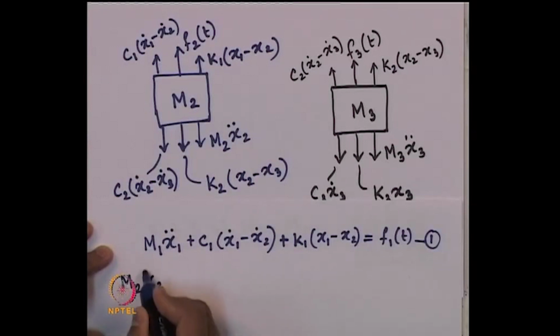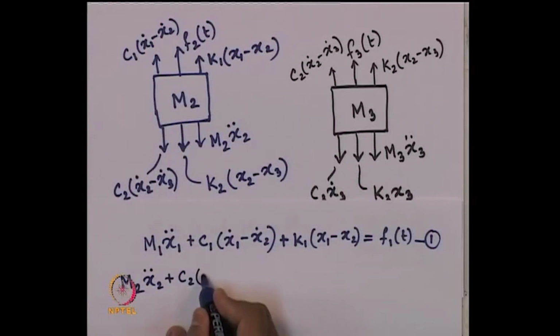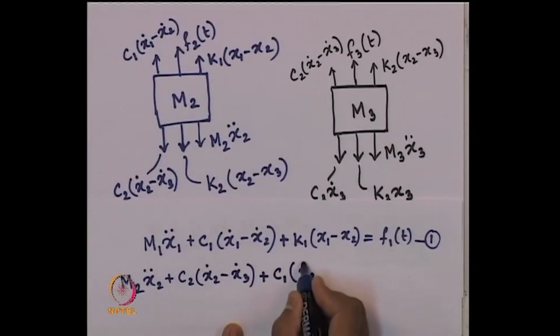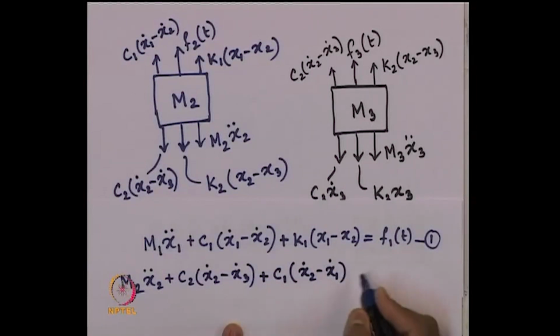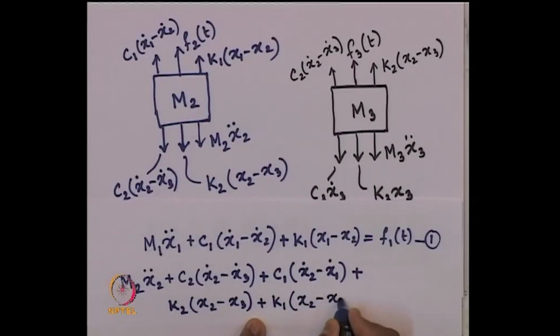M2 x2 double dot plus C2 (x2 dot minus x3 dot) plus C1 (x2 dot minus x1 dot) plus K2 (x2 minus x3) plus K1 (x2 minus x1) equals F2 of t.